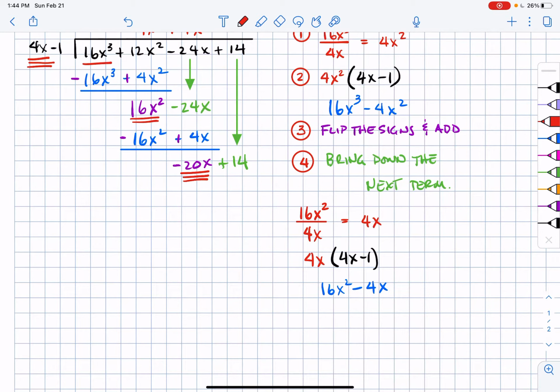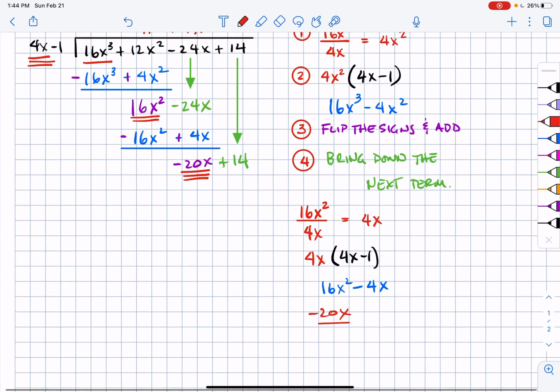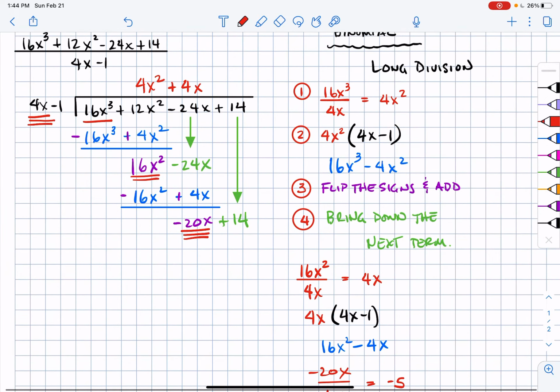Notice how I have now 3 red lines with the 3 red lines. So negative 20x divided by that 4x, I get a negative 5. So I'm going to put minus 5 right here.